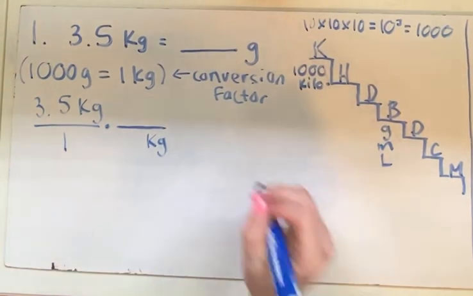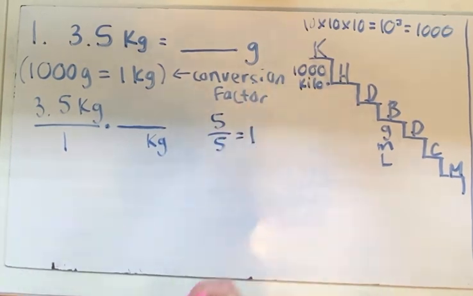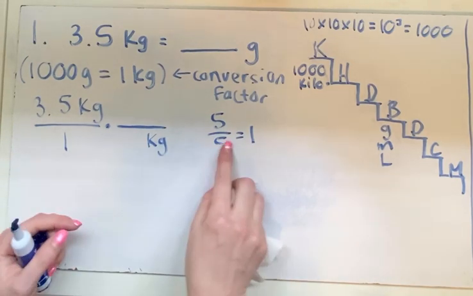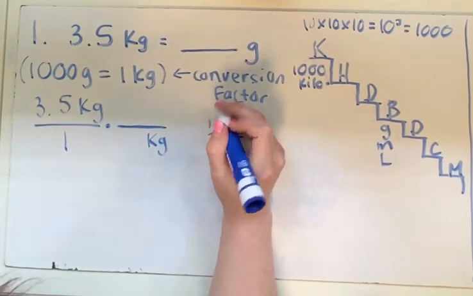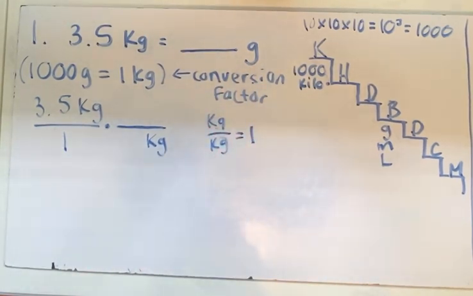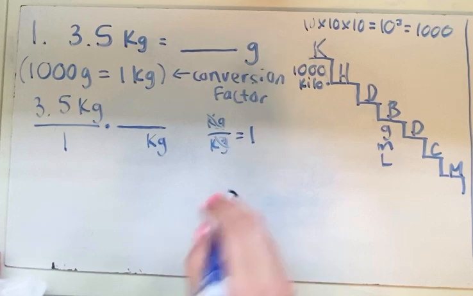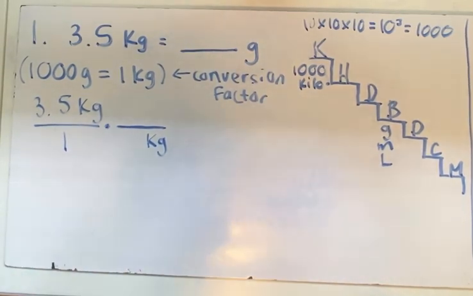This is the same thing as like 5 divided by 5 is equal to 1, because these things cancel. Also, kilograms divided by kilograms is also equal to 1. So these things cancel. That makes it equal to 1. You're going to see how this works in just a second here.